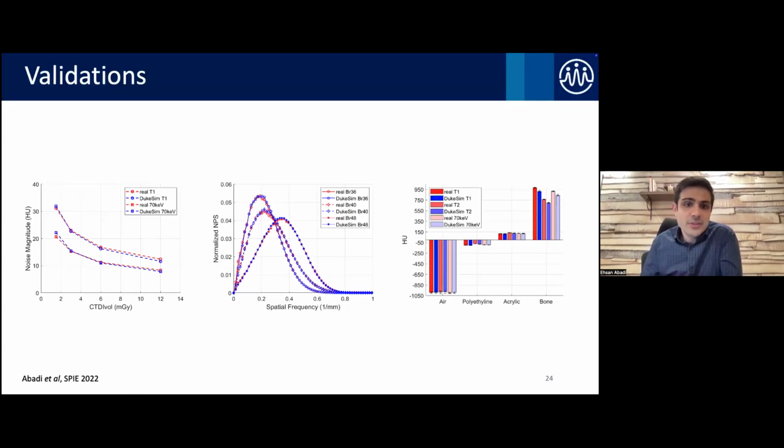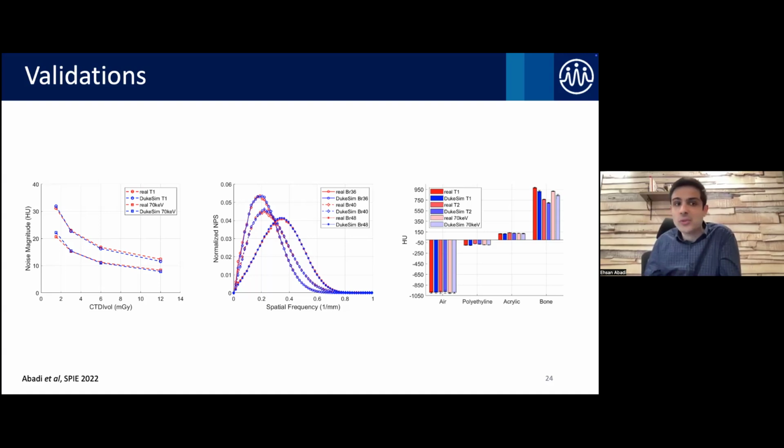And we have done this, as I said, across various scanners and in terms of quantitative image quality metrics. Here I'm showing you one example on one of the photon counting scanners that we have validated at Duke. Anything blue is simulations, anything red is experimental data. The Y-axis here shows different image quality metrics.